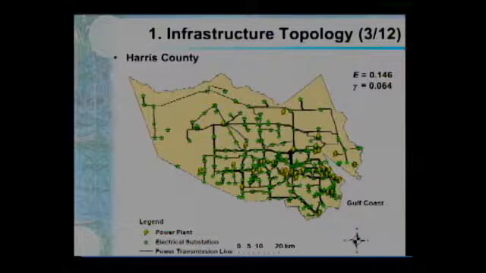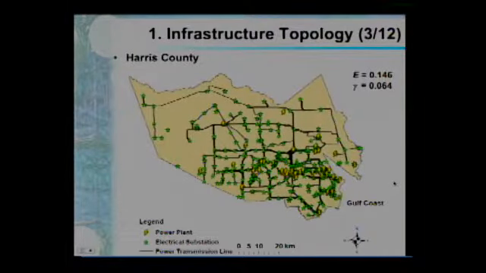Let's see what are the values that we see for Harris County. So we have an efficiency of 0.14 relative to Barabasi, which was 0.19, so it doesn't look too bad. And the clustering coefficient, 0.04. You saw that Barabasi didn't have clustering coefficient. The Watts-Strogatz has a very high one, but that's a very idealized network. So it seems we have some clustering.